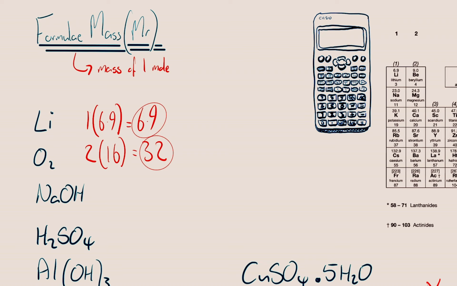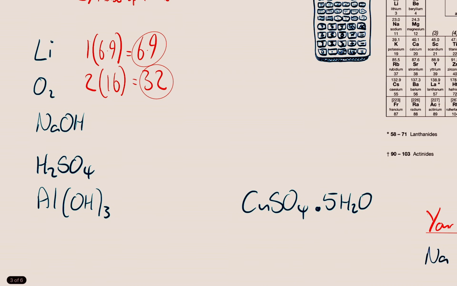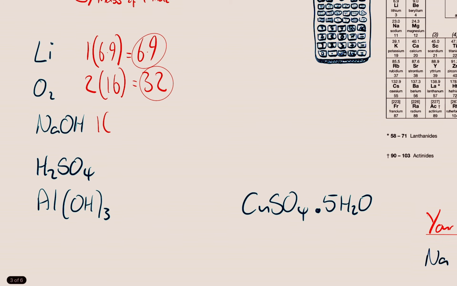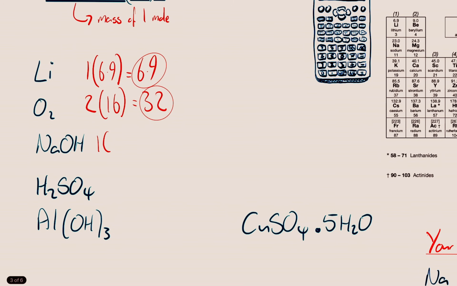Anyway, next, NaOH. Again, we've got a proper compound here, so let's get into it. We've got 1 lot of sodium, and our relative atomic mass for sodium is 23. 1 lot of 23. We've just done oxygen, so plus, we're going to add all of these relative atomic masses together.